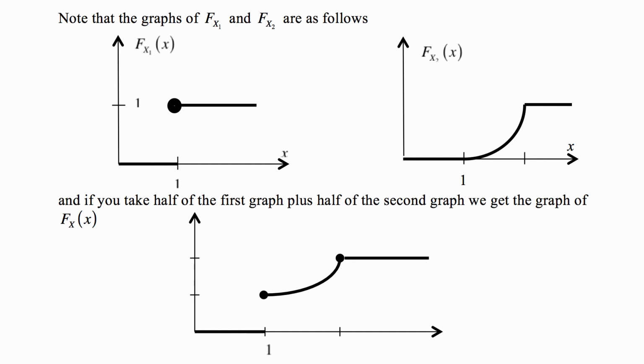If you take half of the first graph plus half of the second graph, we get the graph of F sub X of x. Just imagine, multiply the first thing by 1/2, so you just move the straight line at 1 to 1/2, and then multiply the other one by 1/2, so you would just squeeze it down to 1/2 level, add them up, and you're going to get exactly this graph at the bottom that you see here.